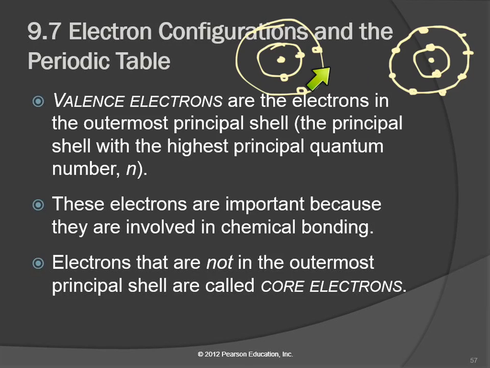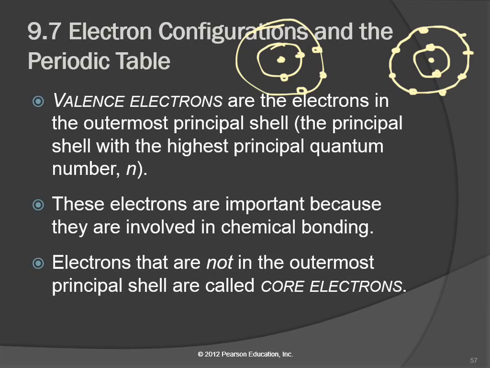These electrons are the ones that are going to be involved in the bonding. These electrons here are core. Where's the core of an apple? It's on the inside, right? These electrons are on the inside. So the highest occupied floor in the hotel, those are the valence electrons. All the lower ones are core electrons.